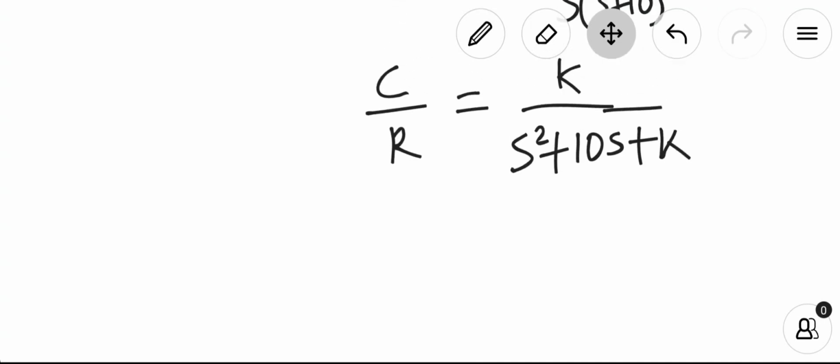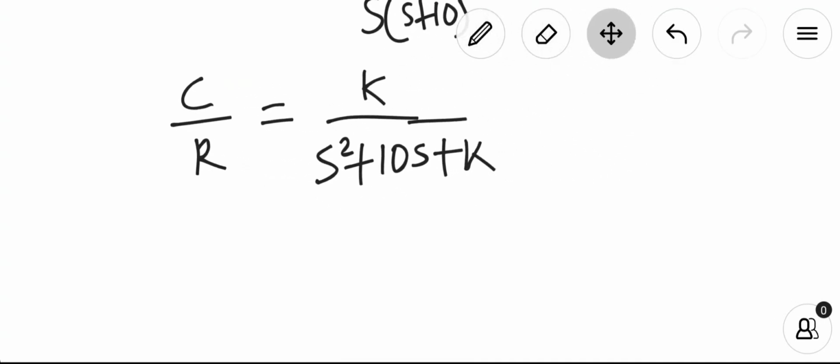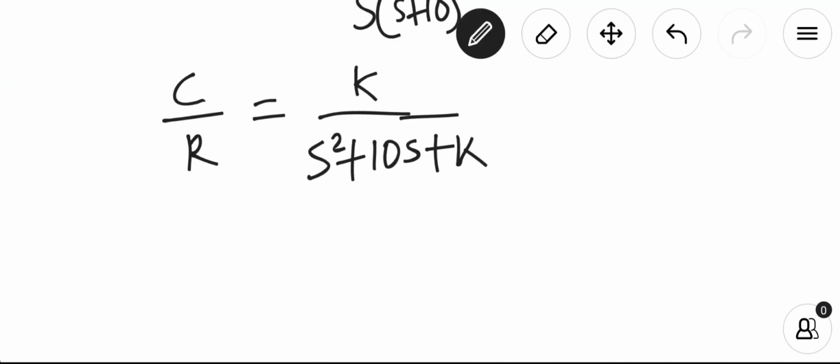Now the second thing to do, because we are asked to find the gain K so that the system will have a damping ratio of 0.5. That's the first thing we are asked to find, K. So before we move further, you check if there is any coefficient, that's a number attached to S squared, then you divide the numerator and the denominator by the number to convert to the standard form I showed you in the previous video.